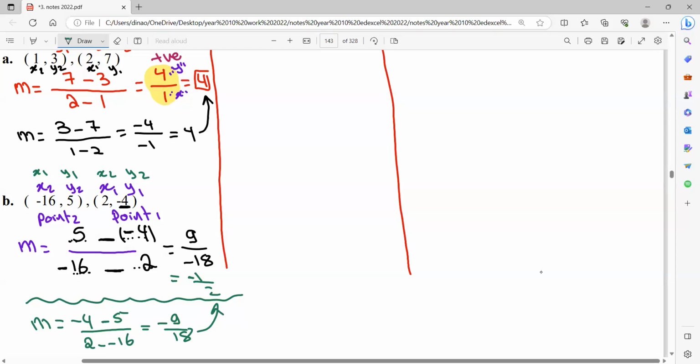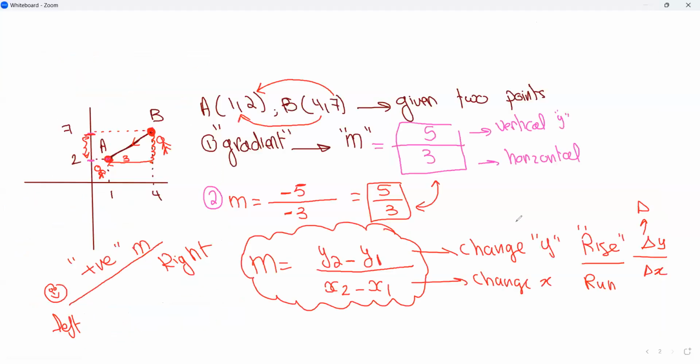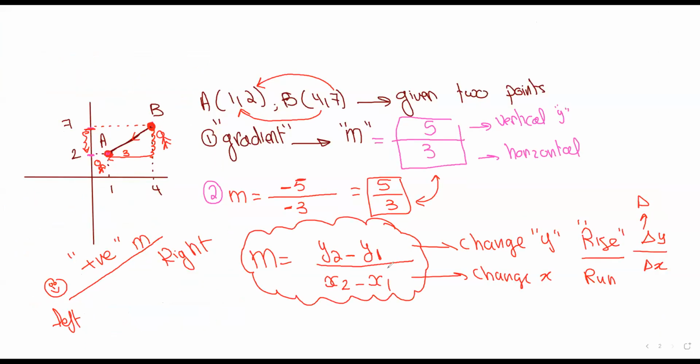Now going back to the whiteboard so that we discuss the second rule of the day. Let me erase this, or should we use a new page, it doesn't matter.